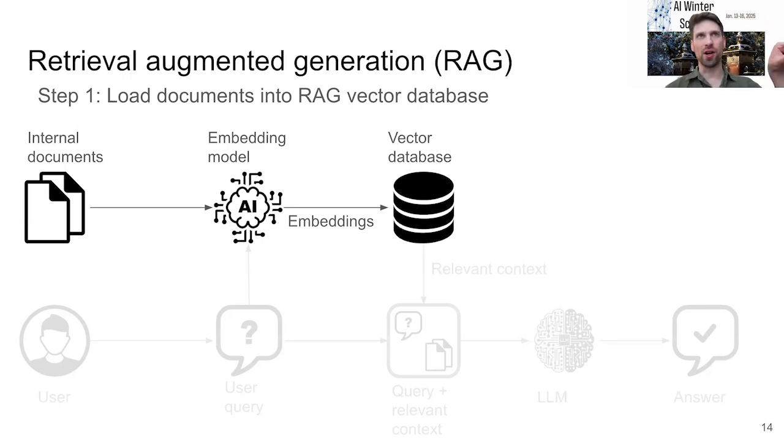And for each chunk, you then create an embedding using an embedding model. And this is something you can create yourself, or more likely you're going to use an open source embedding model. What that embedding model does is it maps the human language text into a vector of numbers. So it's just an array of numbers.